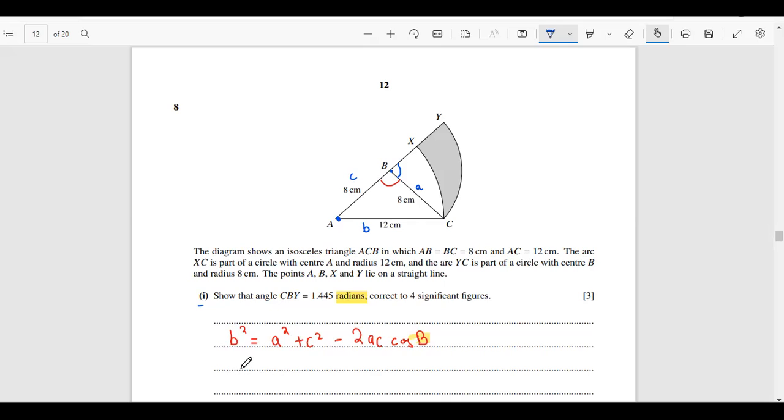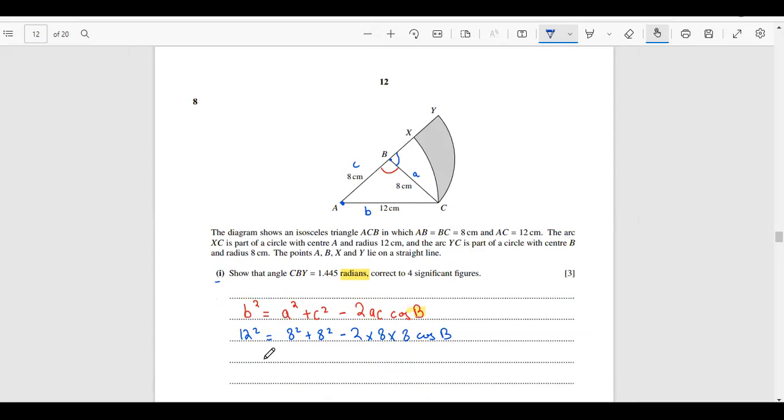So b squared would mean 12 squared equals a squared plus c squared minus 2 into 8 into 8 into cos of b, which I need to calculate. I need to calculate b basically. So I can take this whole thing to the other side and bring this 12 squared over here.